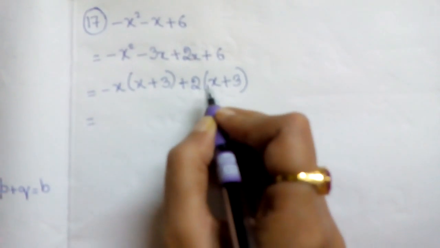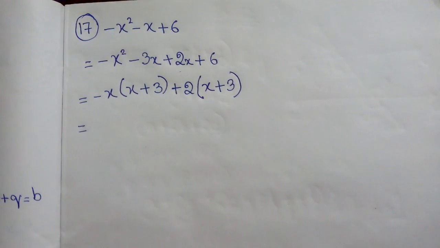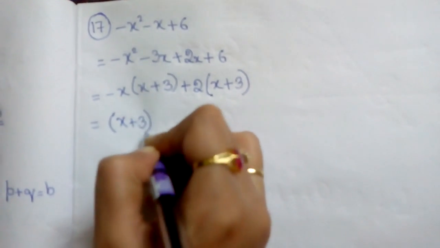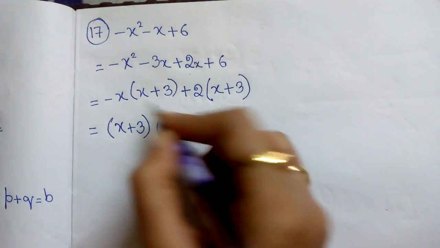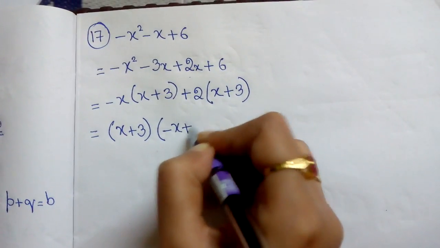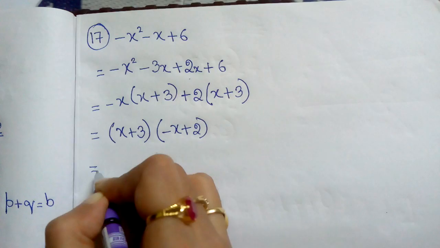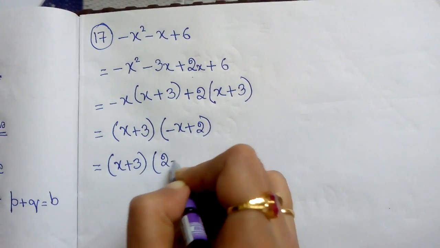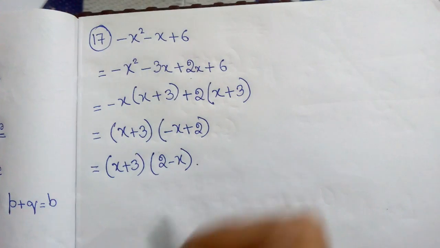Again from these two sides I can take x plus 3 common. From here what we will get is minus x plus 2, or we can write x plus 3 into 2 minus x. This is my answer.